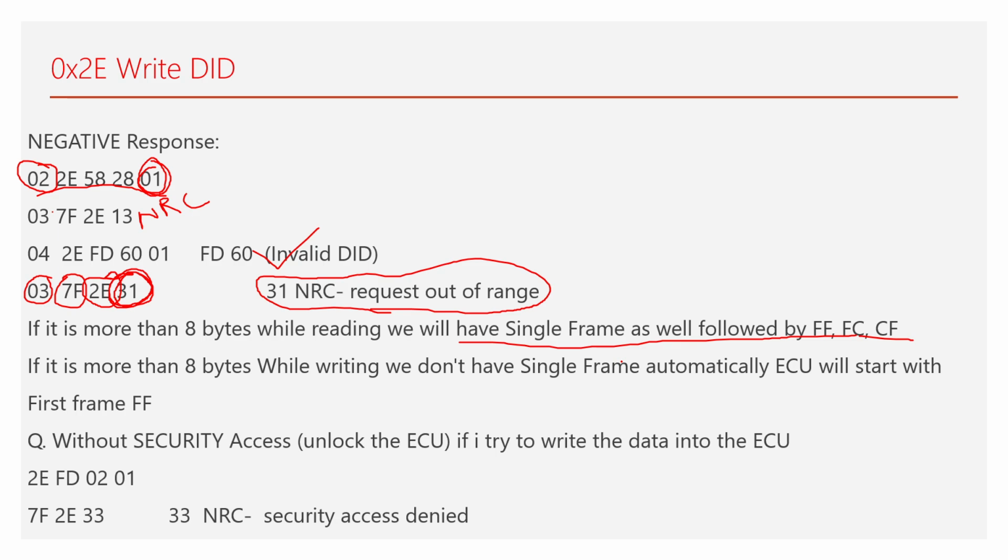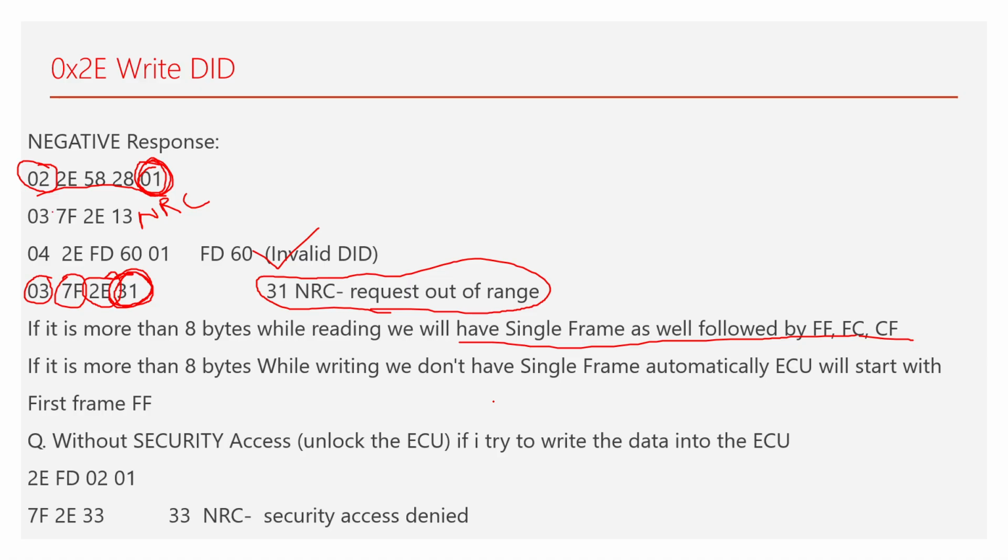So this type of scenario we will have. If it is more than 8 bytes while writing, we don't have the single frame. See here, whenever we are writing more than 8 bytes, there is no single frame. See here, this is the single frame. So we can add the data in single format.